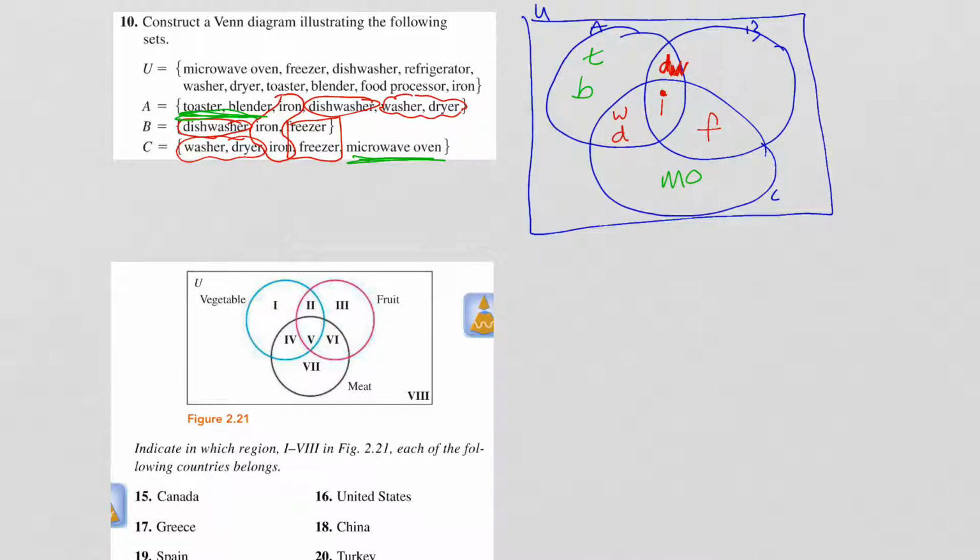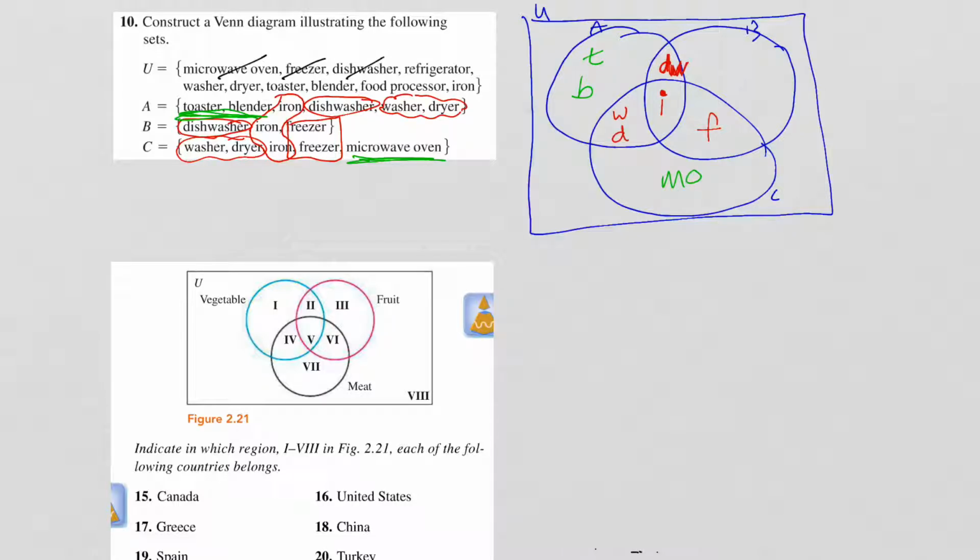Now, the fourth step is to do all the outside, to look at all the elements that are not in these three circles, which is basically the complement of the union of all three. Up at the top, we have microwave oven first, and that's already been counted. Freezer has been accounted for. Dishwasher has been accounted for.